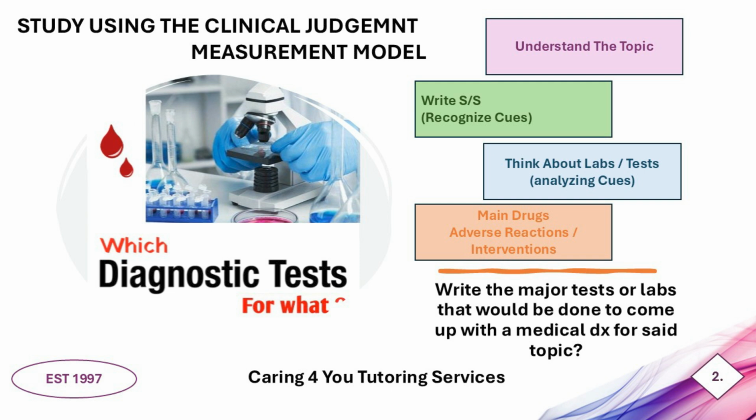So write down some of the labs and diagnostic tests that patient might have to undergo with respect to that illness. This would be step number 2 in the clinical judgment measurement model, which is analyzing cues. For those of us that remember the nursing process, this is all part of the assessment process.